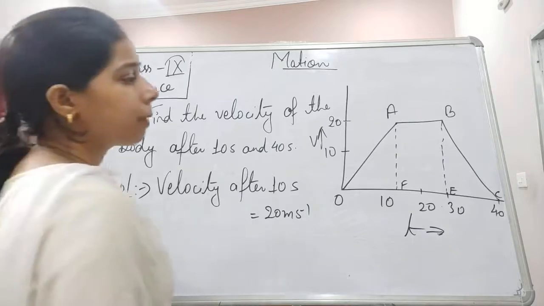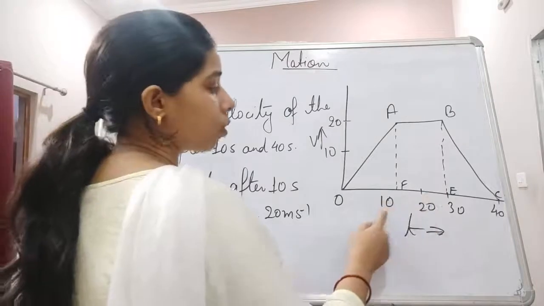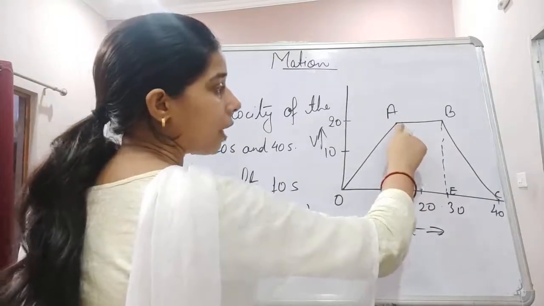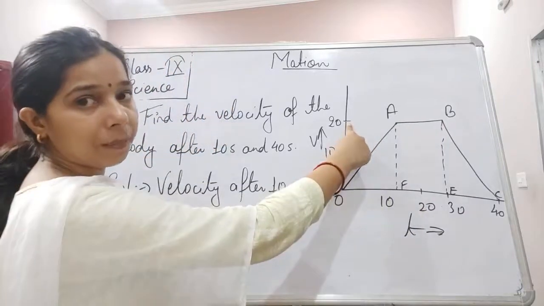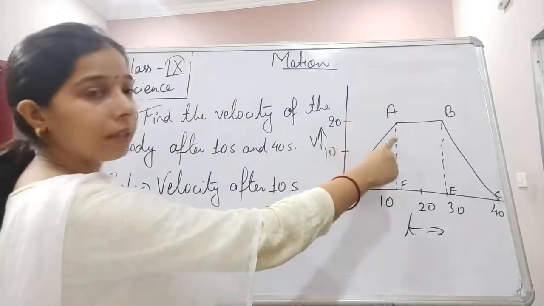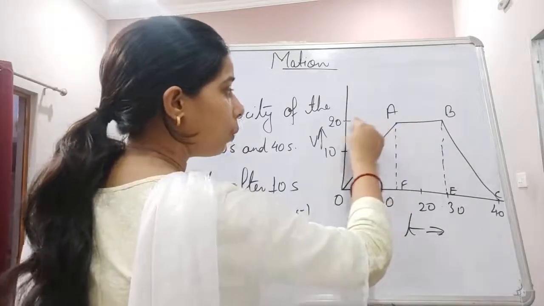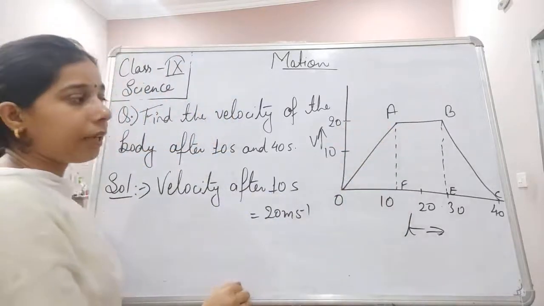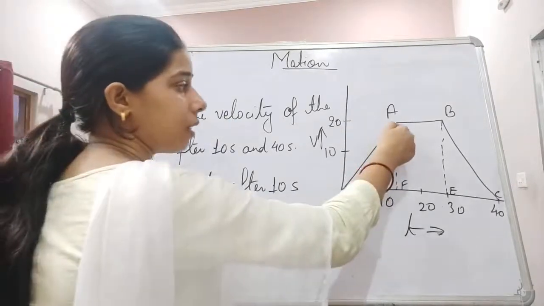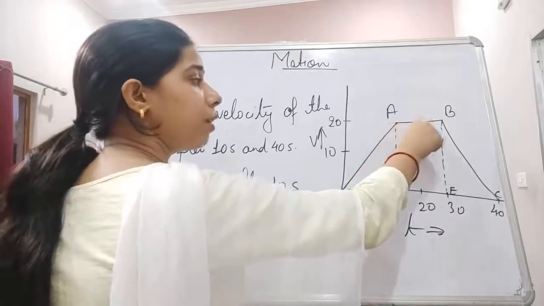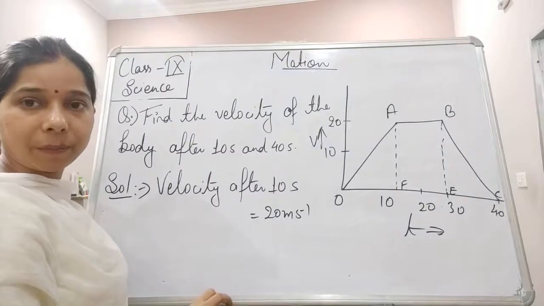You see, students? So this is 10, and after that it is moving continuously with the same velocity, that is 20. You can see here that it is constant with the velocity of 20, and that is why we can say that after 10 second it moves with the velocity of 20 meter per second.